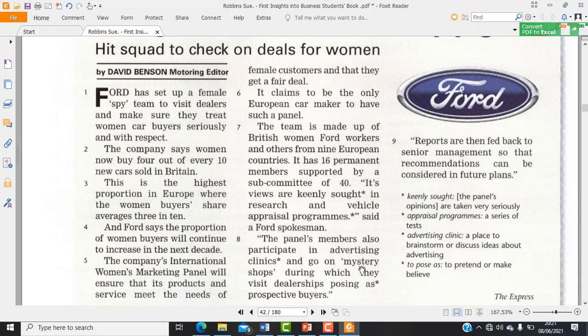Dan mereka pergi ke dealer secara acak gitu loh maksudnya ya. Dan mereka itu akan berpura-pura sebagai calon pembeli mobil dan melihat bagaimana sih pelayanannya gitu loh. Ford ini bagaimana pelayanannya. Dan kemudian the reports are then fed back to senior management so that recommendations can be considered in future plans. Jadi laporan ini kemudian dikirimkan ke senior management sehingga rekomendasi itu bisa dipertimbangkan ya di masa yang akan datang.